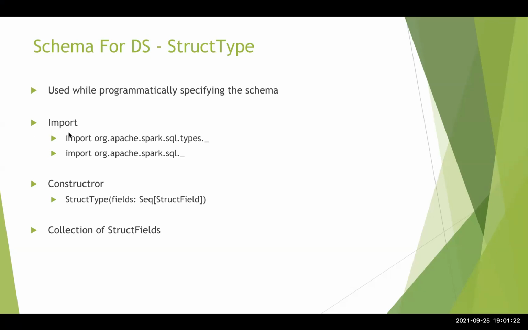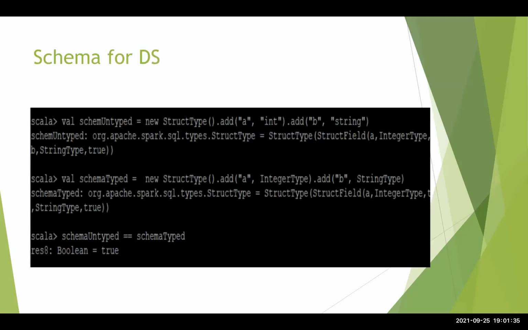For struct type, you use these two import statements. StructType is a constructor which takes a sequence of struct fields, which is nothing but a collection of struct fields. You can create a new struct type and add, because it's a sequence, the first column name and column type, another column name, another column type, right?